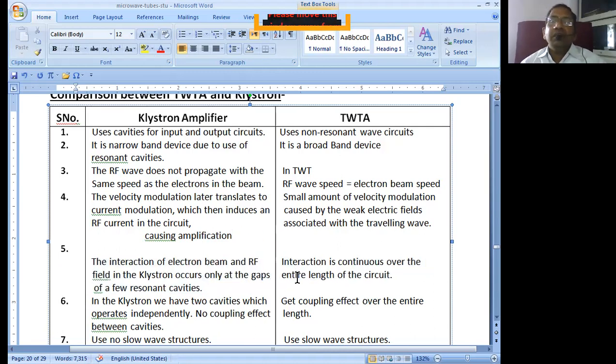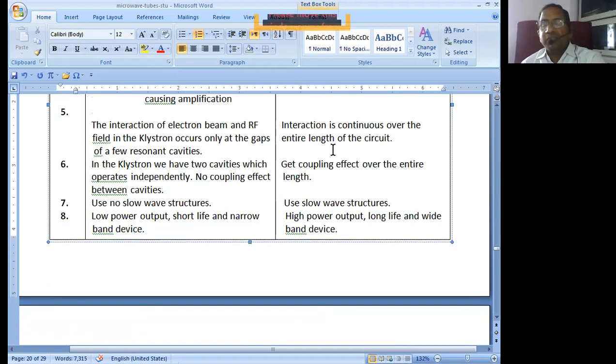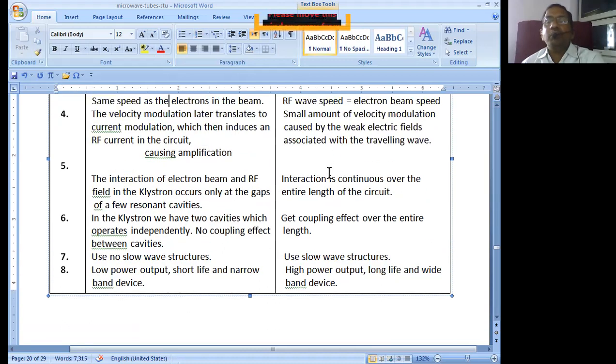Whereas in the TWT, the interaction between the input RF signal and the electron beam is continuous throughout the wave structure. Therefore, the power output of the TWT is more than that of the klystron amplifier.